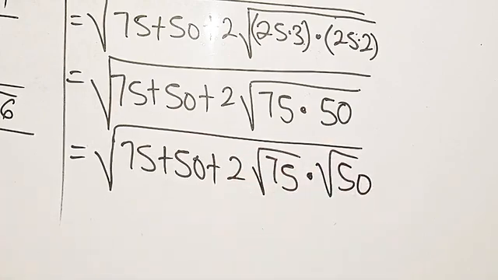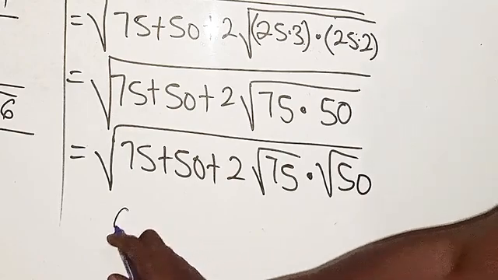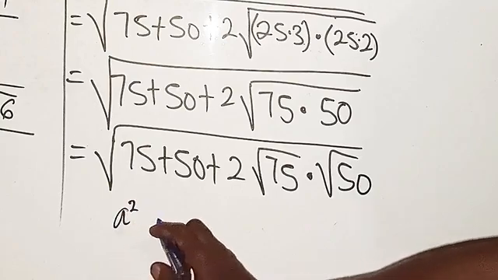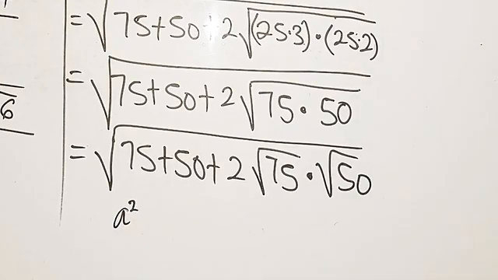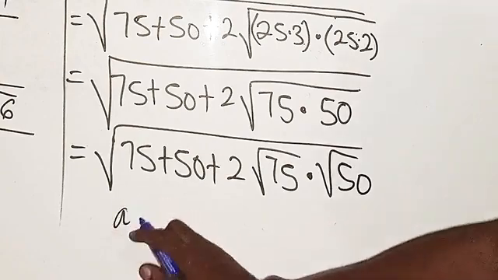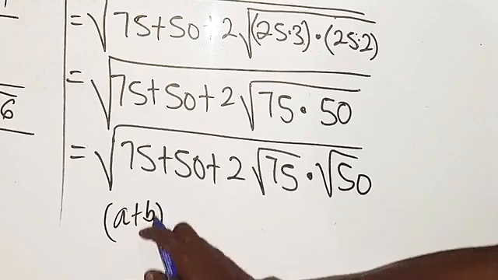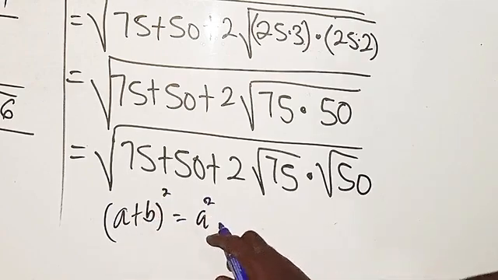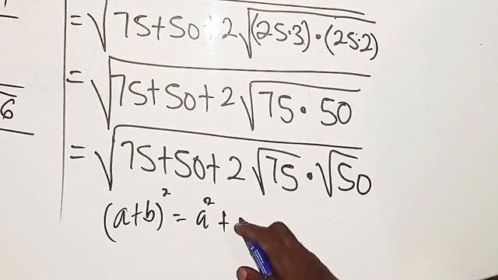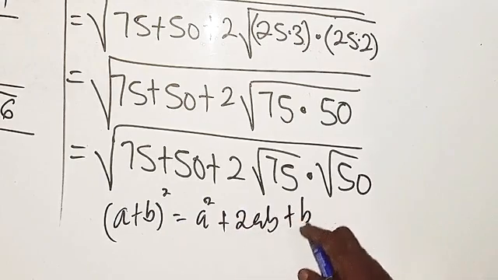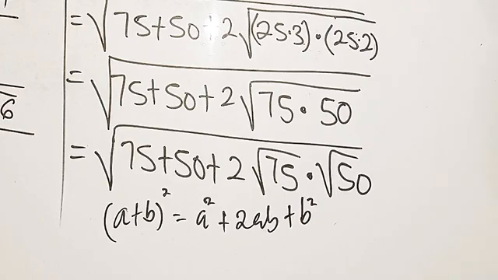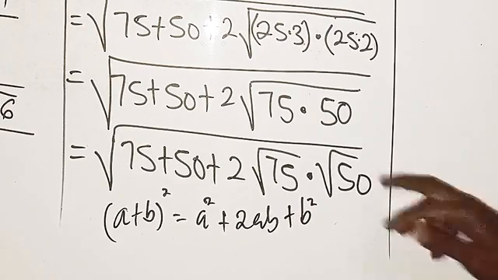So from there, the next thing we're going to do is, I want to write this now in this form, a squared, because this is like a perfect square, that is a plus b all squared to give us a squared plus or minus 2ab plus b squared. So that's how I want to write it now in this form.